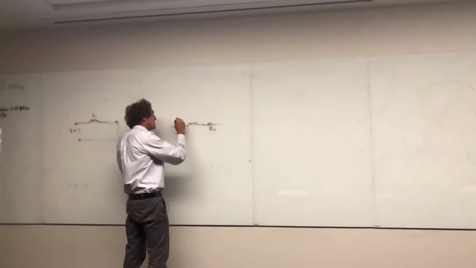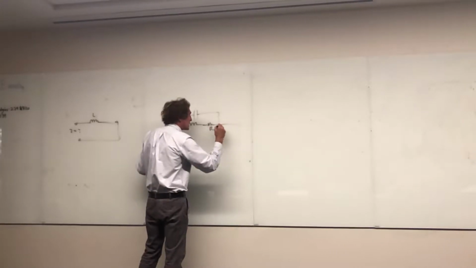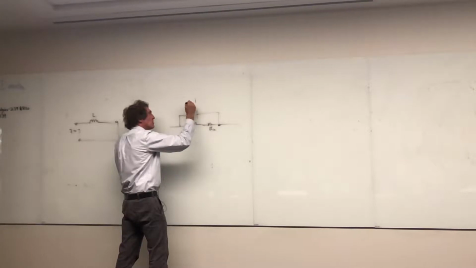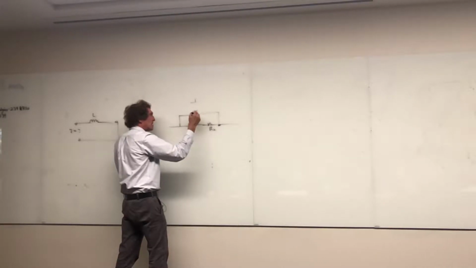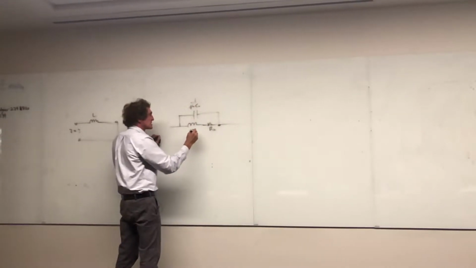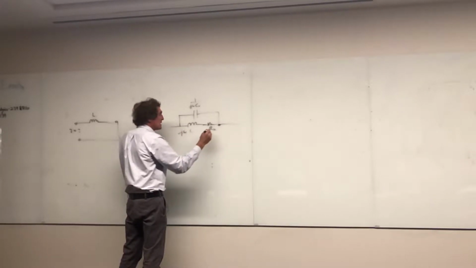So generally the capacitance is shown across it, outside of where the resistor is. This is L, this is C. The actual capacitance is undesired, but it has a capacitive reactance of 1 over j omega Cx. This has an inductive reactance of j omega L, and this is just R.